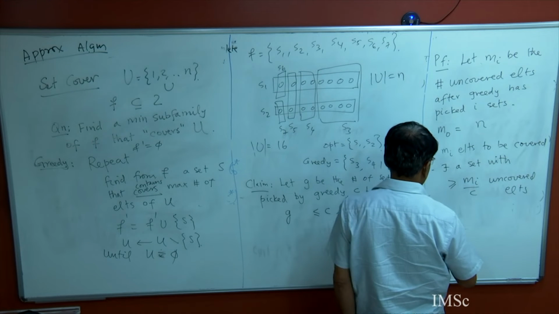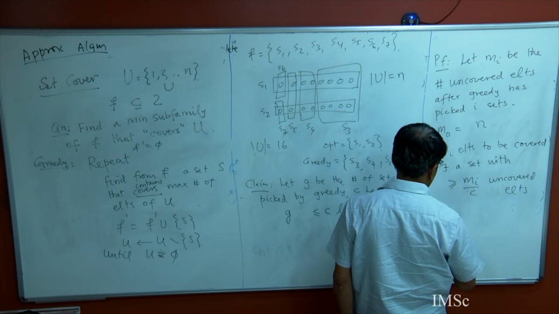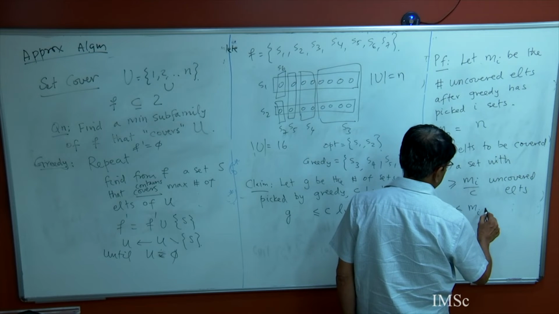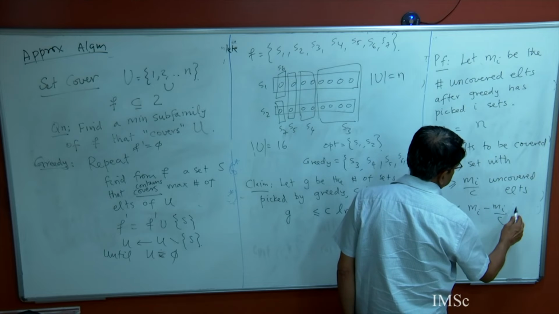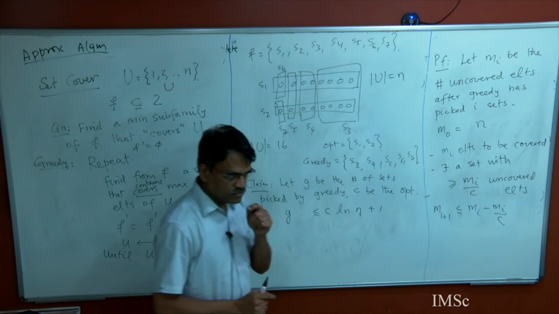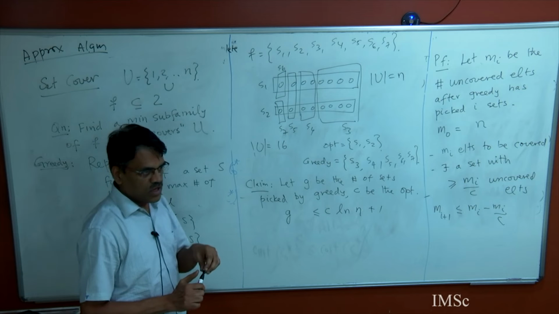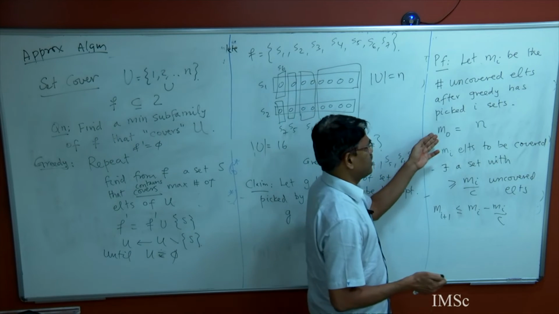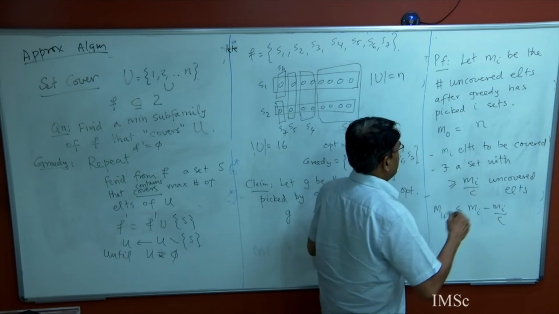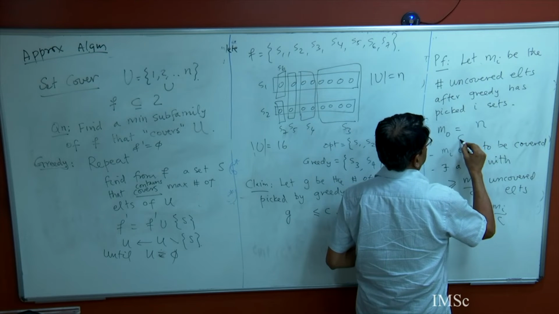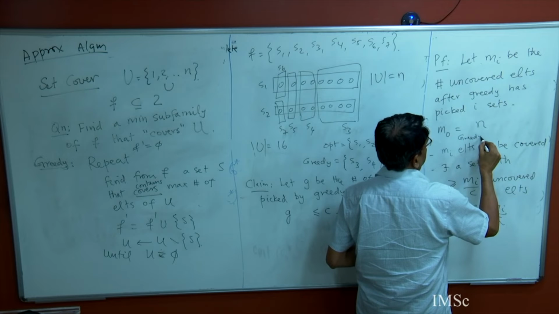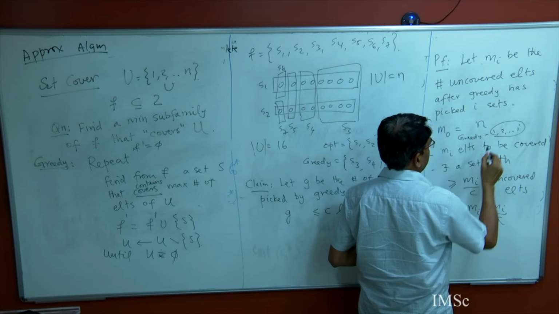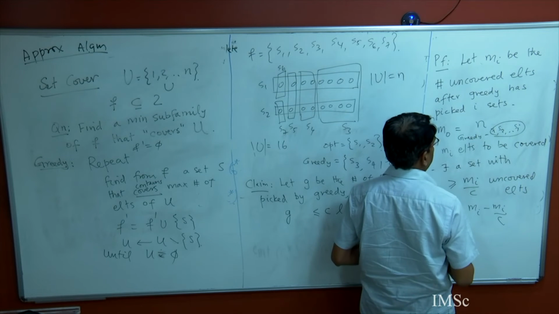Okay. So what can you say about Mi plus 1? After greedy picks, this would be less than or equal to Mi minus Mi by C, right? Because Mi elements are to be covered after i steps. So let's say greedy picked some sets S1, S2, up to Si.